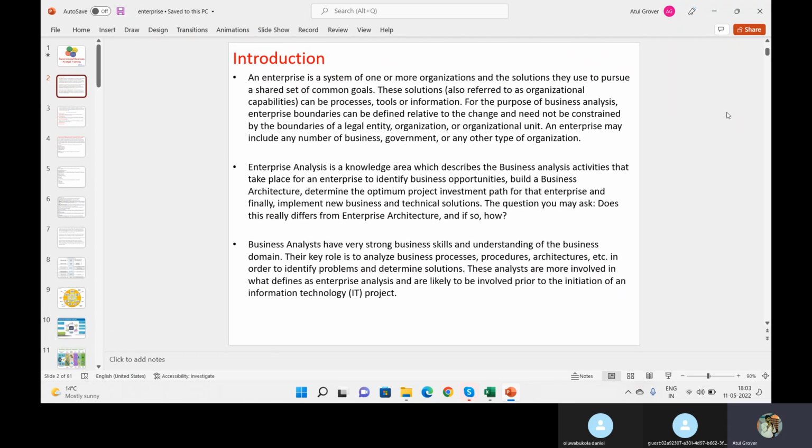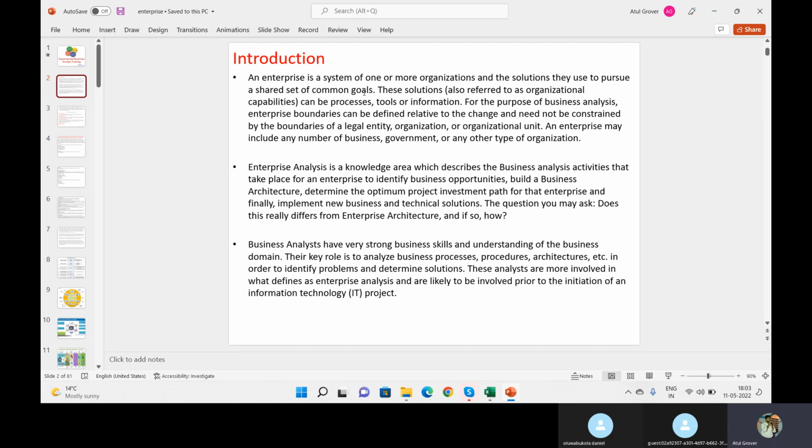It is an enterprise because it is a system of one or more organizations and solutions they use to pursue a shared set of common goals. Very important. Like if I say that I am working in the manufacturing industry, you are also working in another manufacturing industry, but we share a set of common goals.